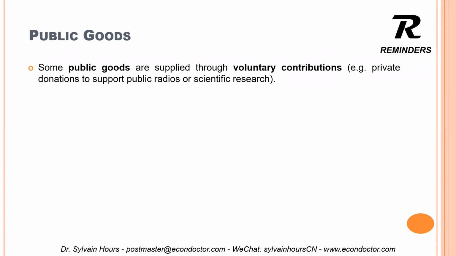Even though what they produce is non-excludable and non-rival, so you could argue that people who produce videos on YouTube produce public goods, still there are some people who want to help them because they like the content. And in this case, without the intervention of government, there are some public goods being produced by private individuals through voluntary contributions.